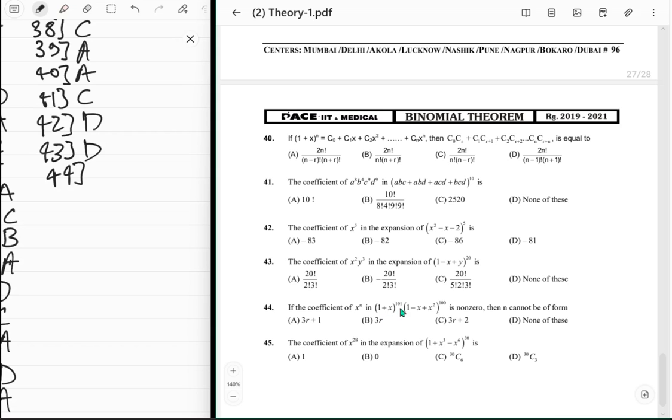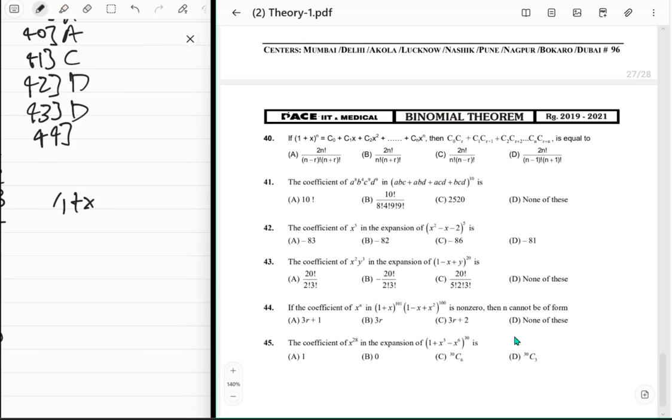Coefficient of x power n in this is non-zero, then n cannot be of the form. Okay. So once again, you just do it like 1 plus x, and then you got 1 plus x times all of that stuff like that. It's only 1 plus x cubed to the power 100. So this will give us terms of the form some constant and x power 3k.